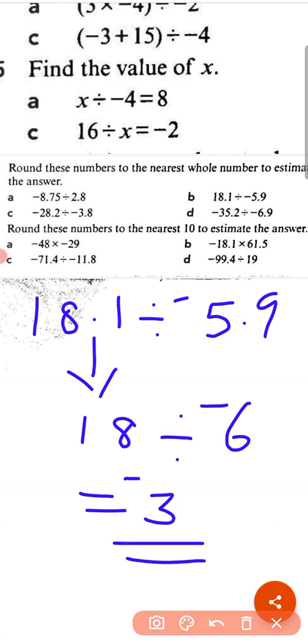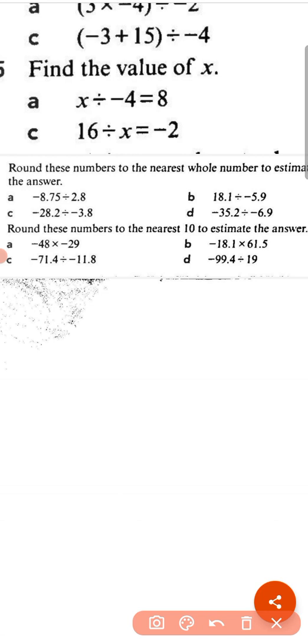Okay. So children, here we are rounding the given decimal numbers to the nearest whole number. Nearest whole number means there should not be a decimal part in it. Check the 10th place, the first place after the decimal.